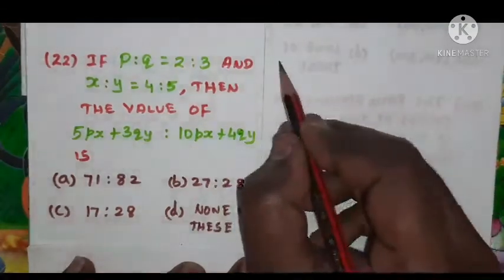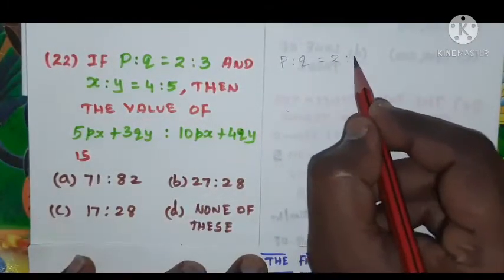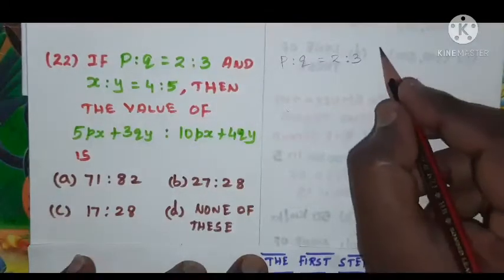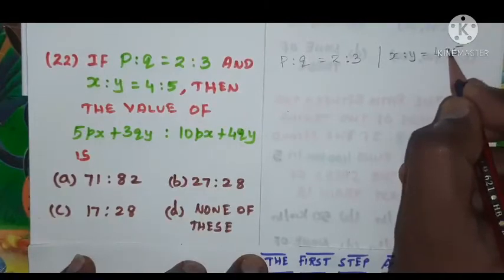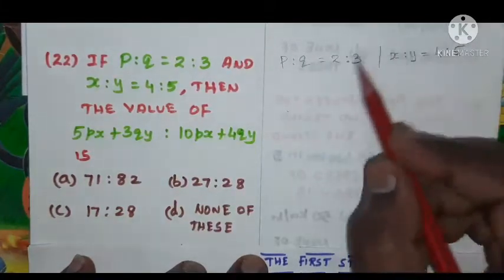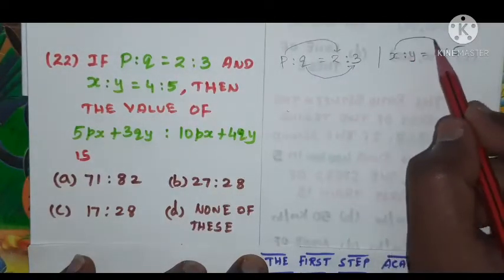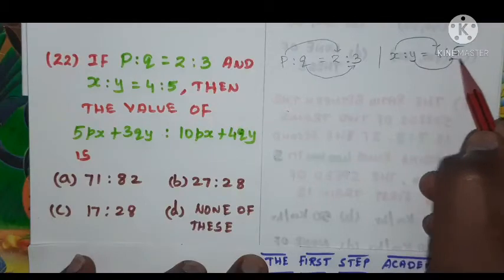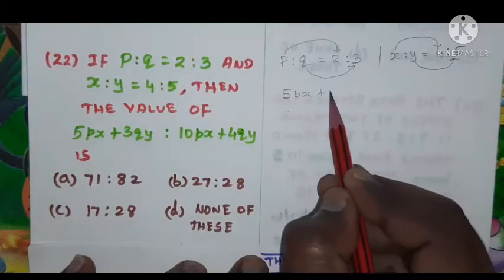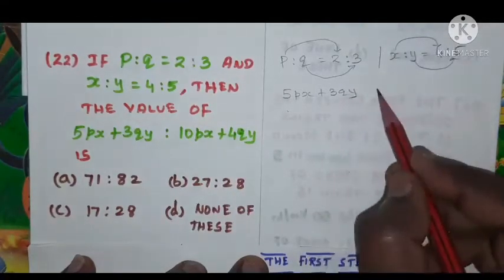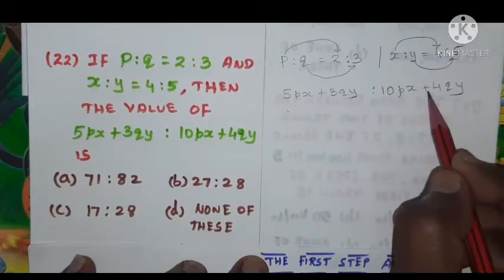So now look. P is to Q is equal to 2 is to 3 they have given, right? At the same time X is to Y is equal to 4 is to 5. This is also given in the question itself, right? Where the value of P is 2, value of Q is 3, value of X is 4, value of Y is 5. And they are asking us to find out 5px plus 3qy is to 10px plus 4qy.